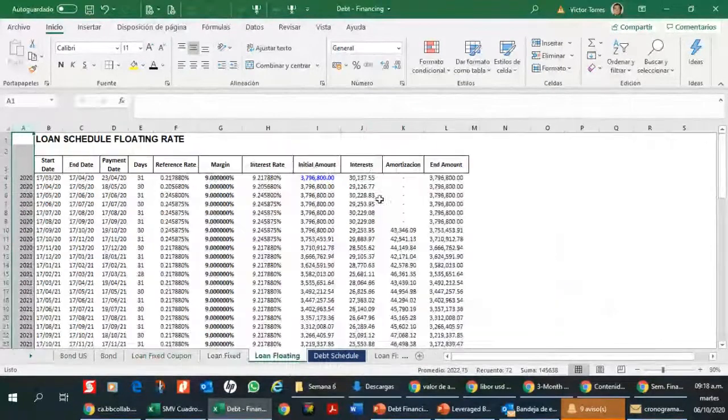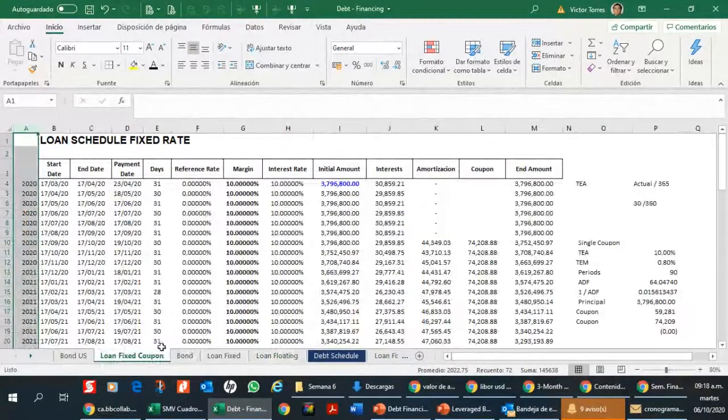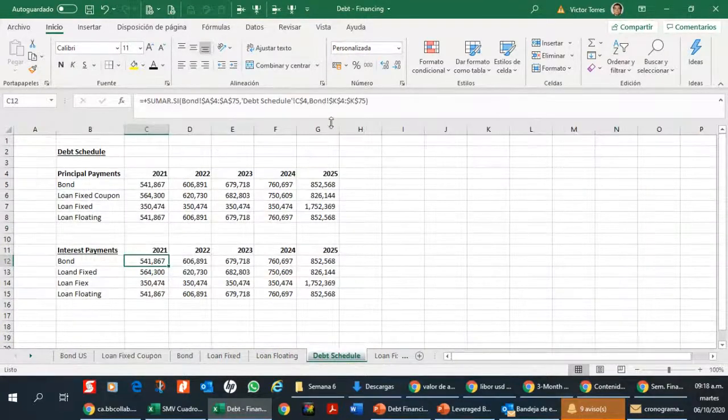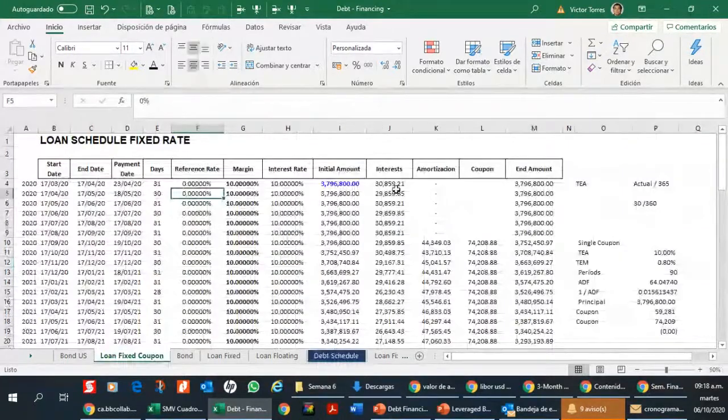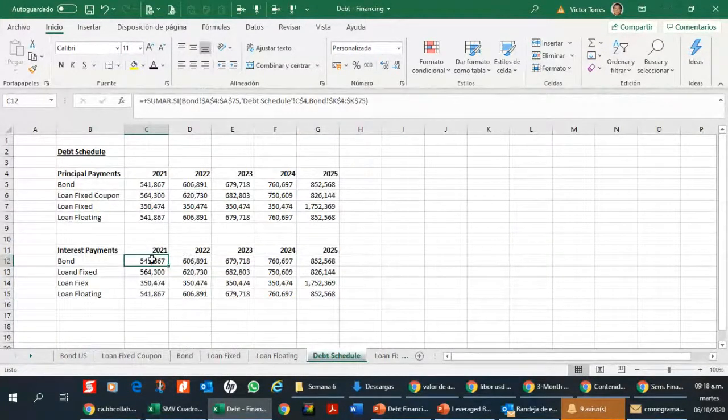That's why I like to use a single schedule scheme. Even though for the bond or the fixed coupon you do not need the reference rate, I like to keep it there just because it's going to help me put everything in the K column, right? The J column should be adding for interest, and the K column should be adding for principal, right?